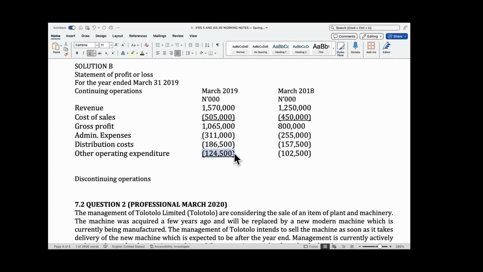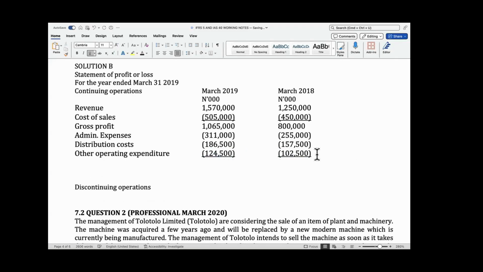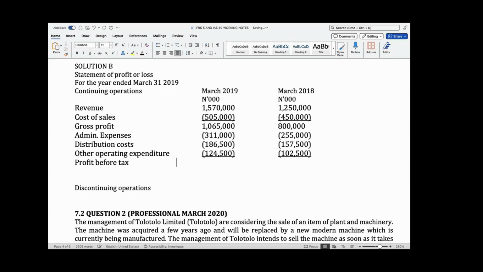Then we can determine our profit before tax. What would this give us?